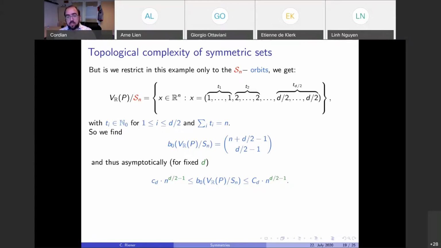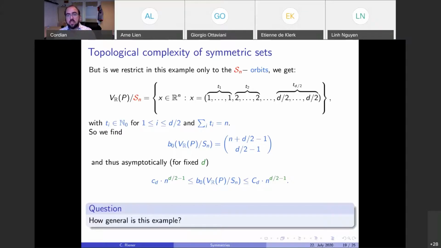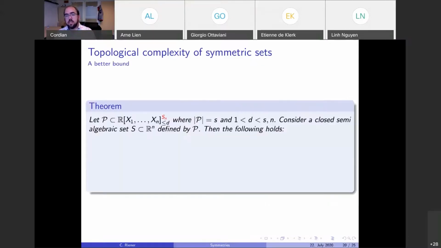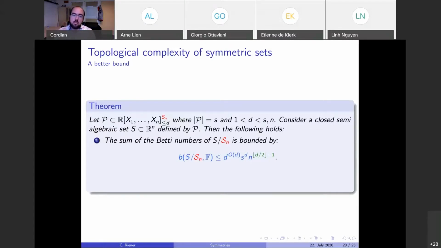So essentially, this was an easy example, and most of the time, the easiest example that you can come up with is essentially the generic example, and this is also true here. So one can generalize this, saying that if I take not only the connected components, but the sum of the Betti numbers, not of my semi-algebraic set, but of its image under this quotient map, so up to the action of the symmetric group.